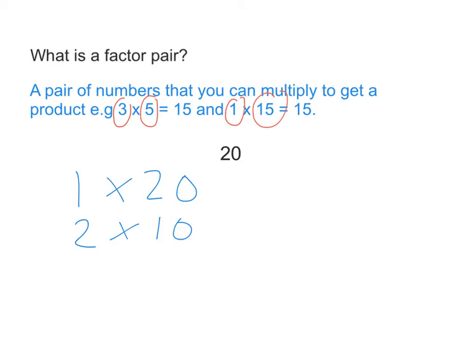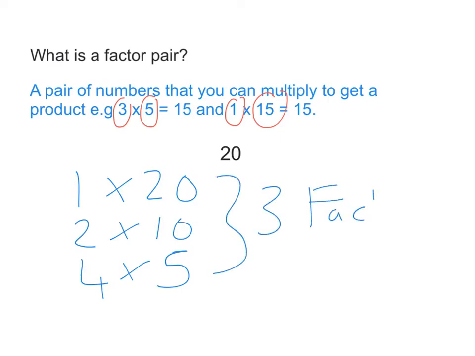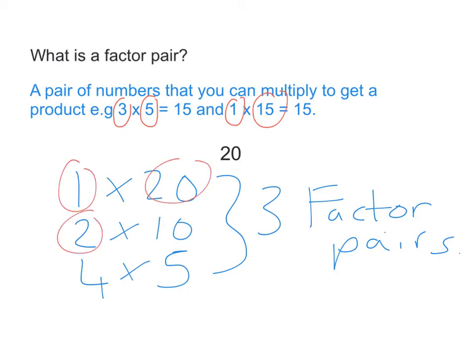But I know that in the 4 times table, I can multiply 4 by 5, and that will also give me 20. So we can say that the number 20 has 3 factor pairs. And these are all factor pairs: 1 and 20, 2 and 10, 4 and 5.